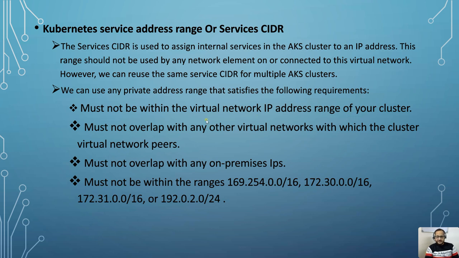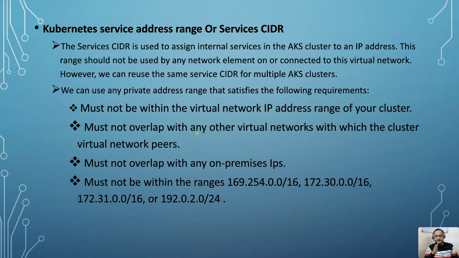Whatever IP range or CIDR you define for your services should not match your virtual network address range. Another one: it must not overlap with any other virtual network with which the cluster virtual network peers. Suppose you have virtual network peering enabled, then the service CIDR should not match that peered virtual network either.